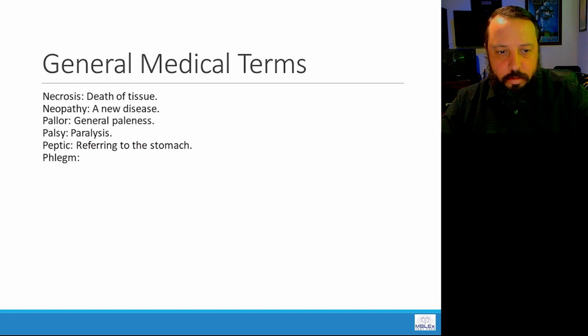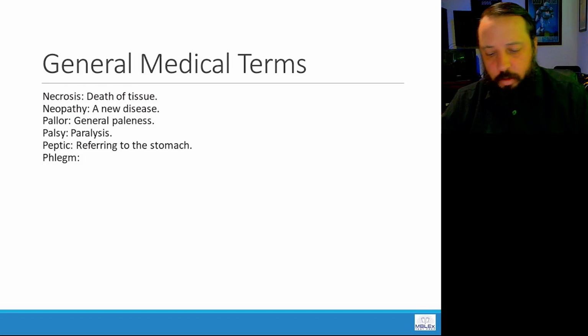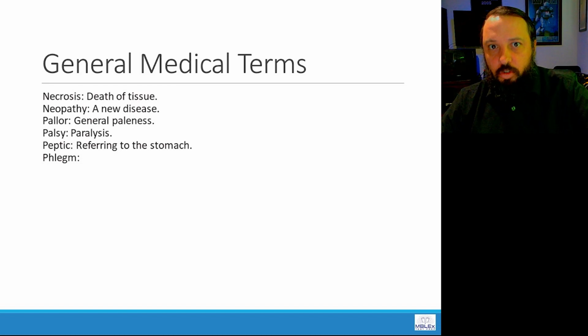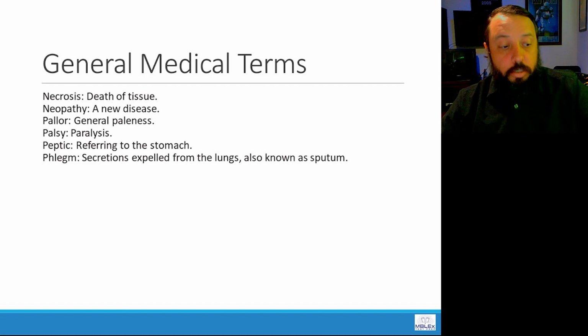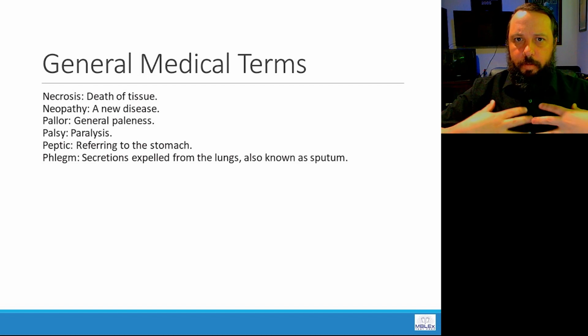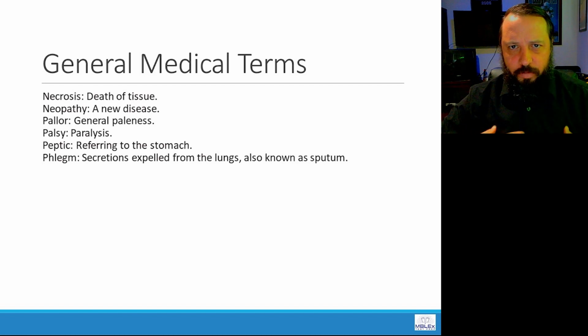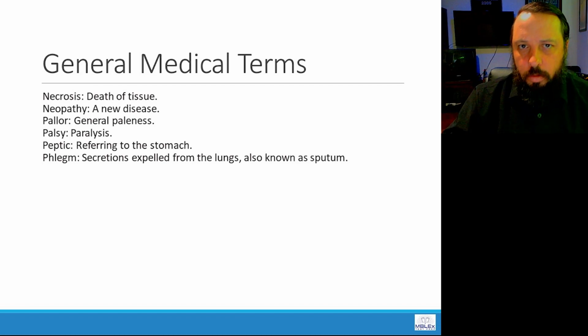Anyway, moving on. Phlegm. Phlegm and sputum are the same thing. Those are two terms that have different names that are pretty much interchangeable, right? So phlegm are secretions that are expelled from the lungs. So when you maybe have pneumonia or something, or bronchitis, some sort of infection in the lungs, and you start coughing, and then all of this mucus starts coming out, that's phlegm or sputum.